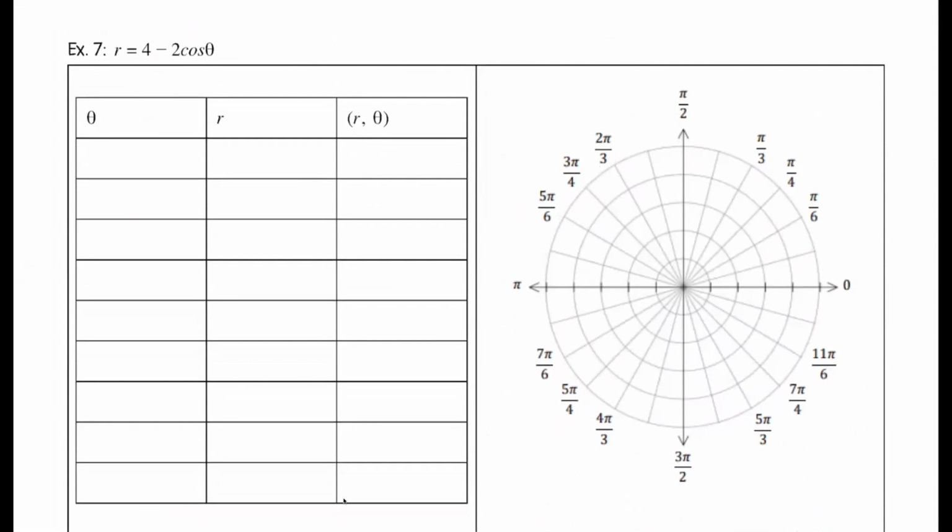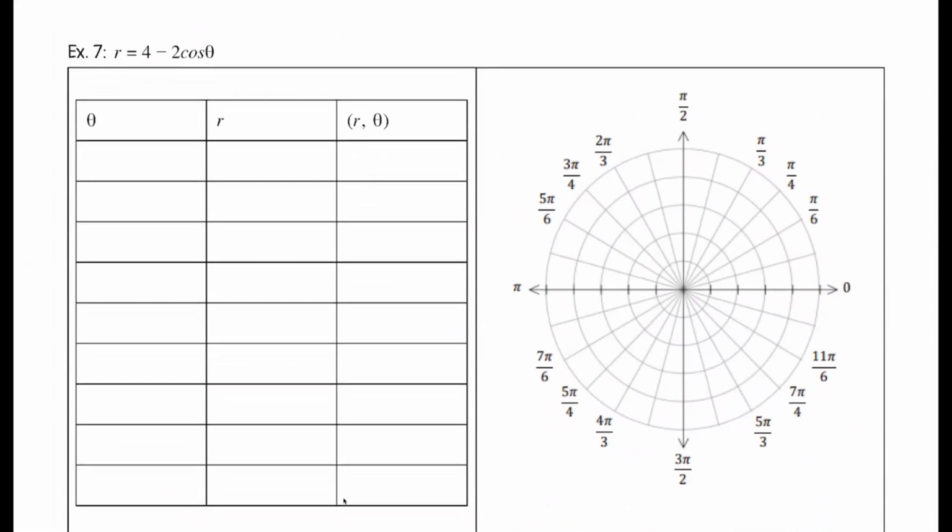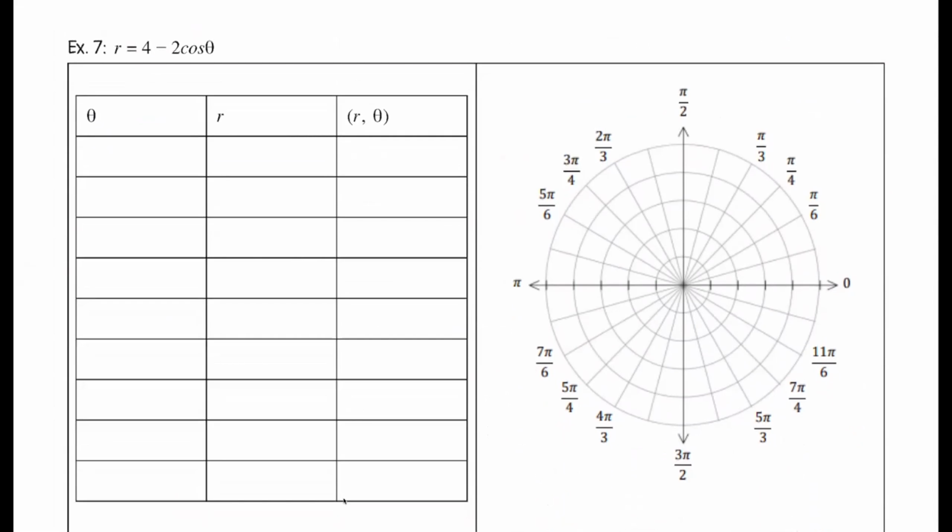All right. I wanted to do a few examples where we use our table, plot some things, and think about what things look like. So in looking at example 7, let's list out some things first. What can you tell me about the symmetry of this shape? It's symmetric about the x-axis, exactly. I see the cosine, so I know it's symmetric about the x-axis.